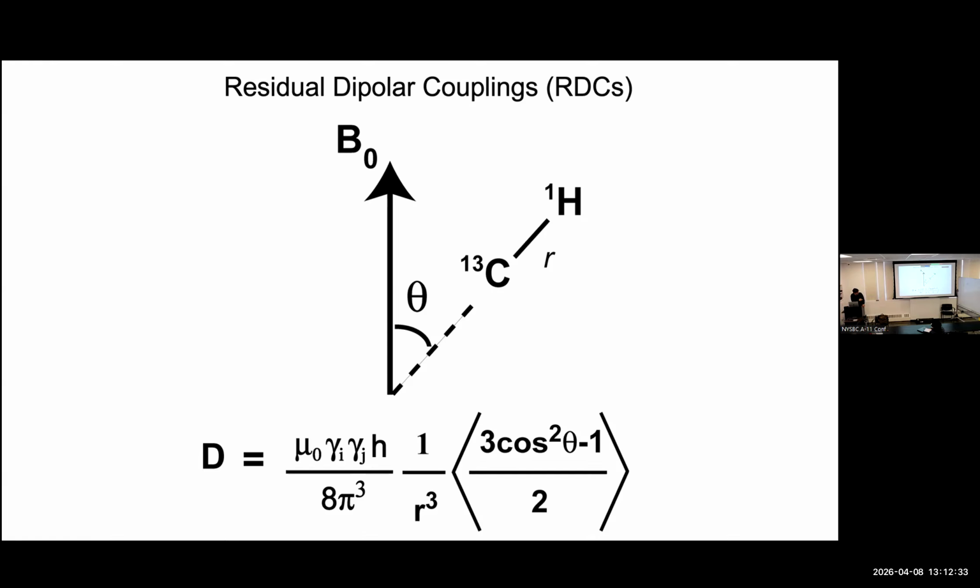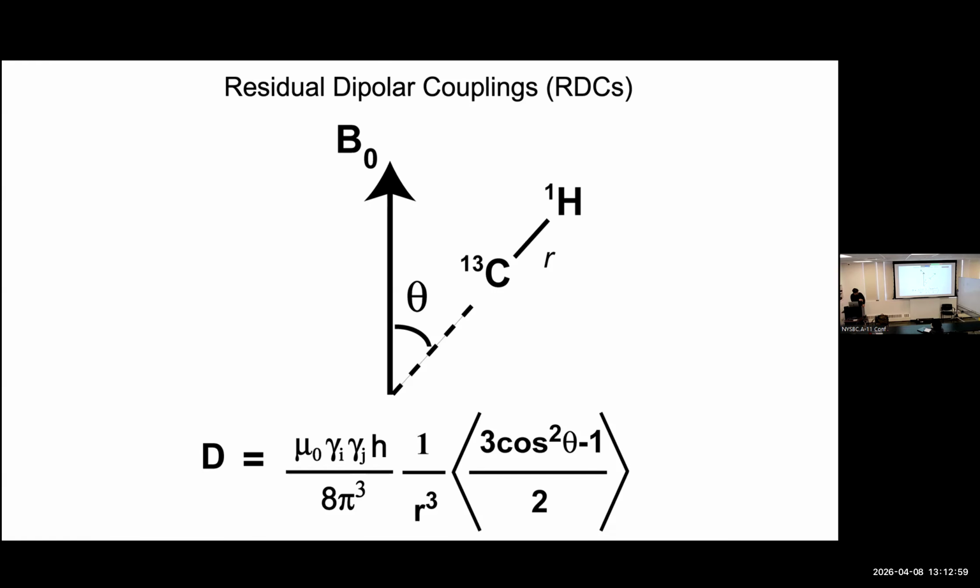The bond vector makes an angle with respect to this applied magnetic field, and the dipole interaction is governed by the equation shown here. You've got your gyromagnetic ratios, so the bigger the gammas, the bigger the dipole interaction. It depends inversely on the distance, so the shorter the distance, the greater the dipole interaction. And then you've got some constants.